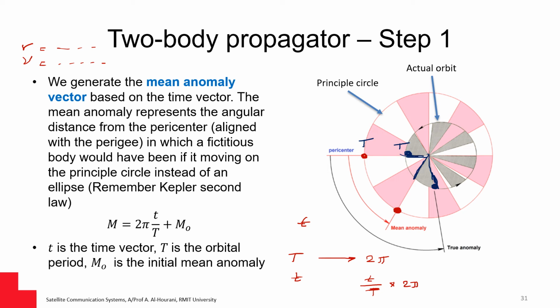If you run the simulation, the virtual satellite will pass this amount in angles, and the actual satellite will pass this amount. I'm just going to draw it on top in terms of angles. So the true anomaly at this point is equivalent to the mean anomaly at this point at a certain simulation time equal to t.